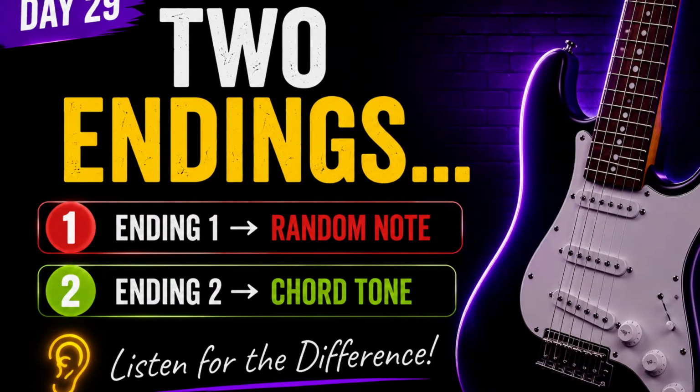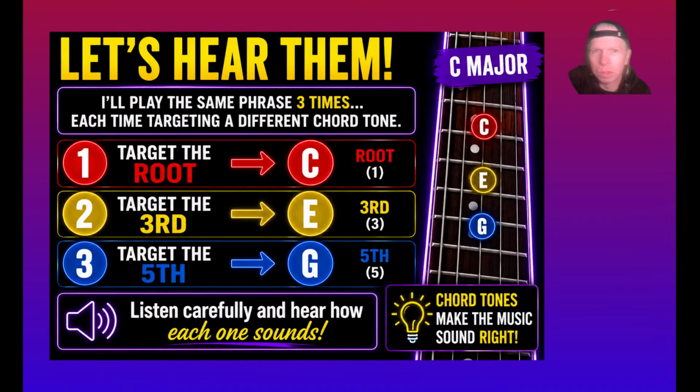If we look at this now, there's two endings. You can end it on a random note, or you can end it on a chord tone. Then listen for the difference between the two. I'll play the same three phrases, each time targeting a different chord tone.